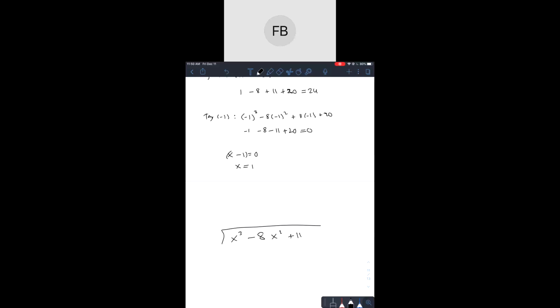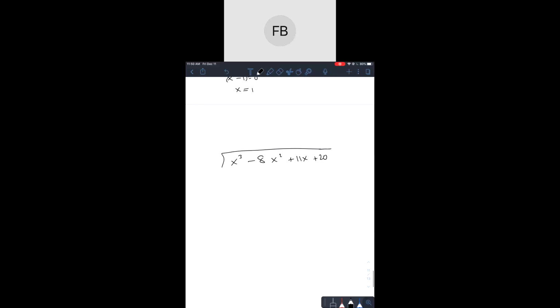Set up your whole thing, and it's going to be long. You put your entire equation underneath: x cubed minus 8x squared plus 11x plus 20. And on the outside, we have x plus 1.